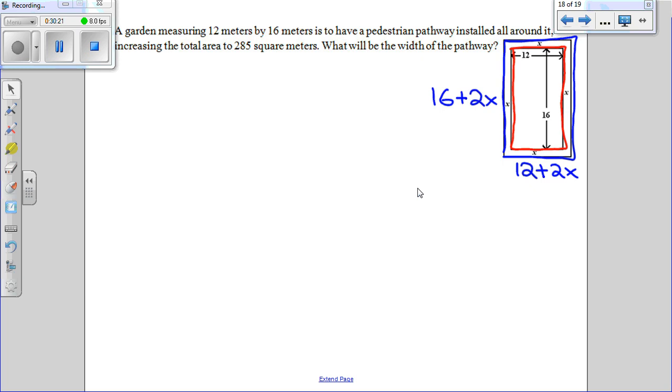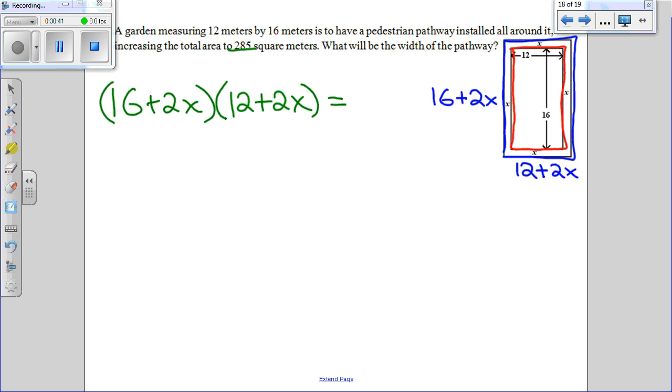So that means if you did 16 plus 2x, which is length, times 12 plus 2x, which is the new width, it should give you your new area of 285. I would put money on if you can build that, there's a 90% chance you get it right from there. It's the building it that's going to be hard.